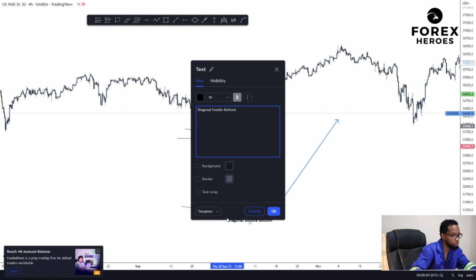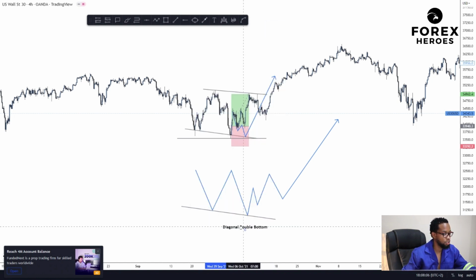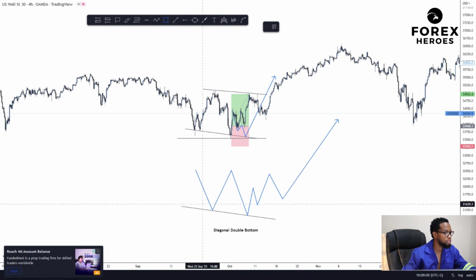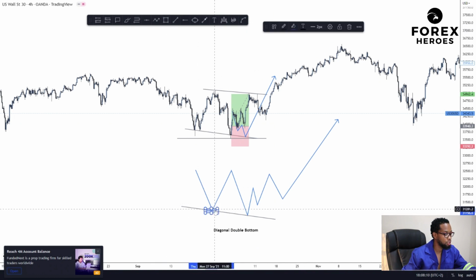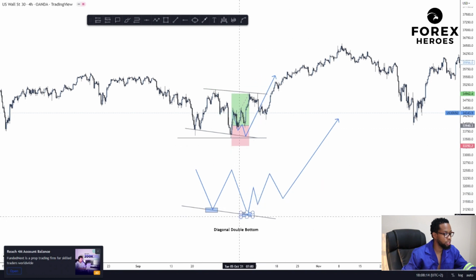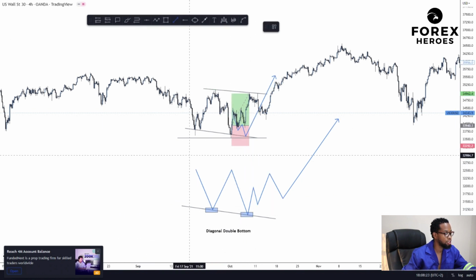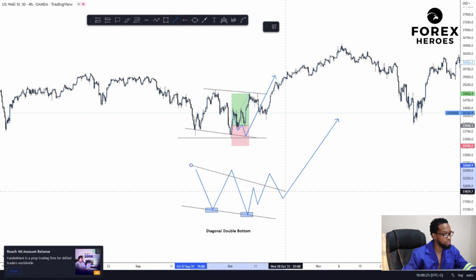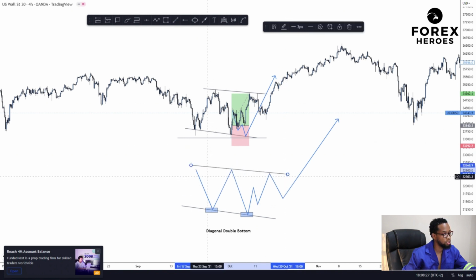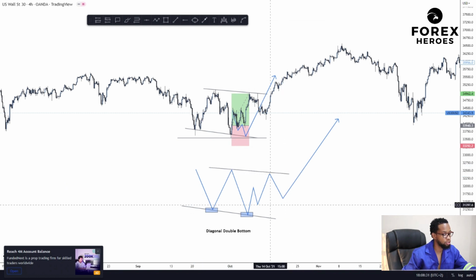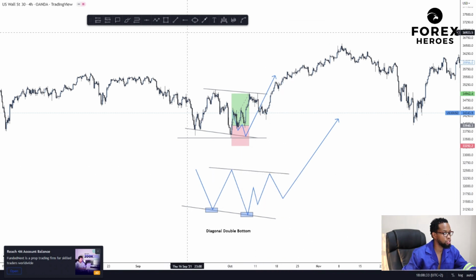Double bottom. Okay. You can see we are having 2 points here. Then we knew that this is a double bottom, and then we are at the diagonal support, and we are having a correction to the downside. So we're expecting a break to the upside. So you can see this is a correction.